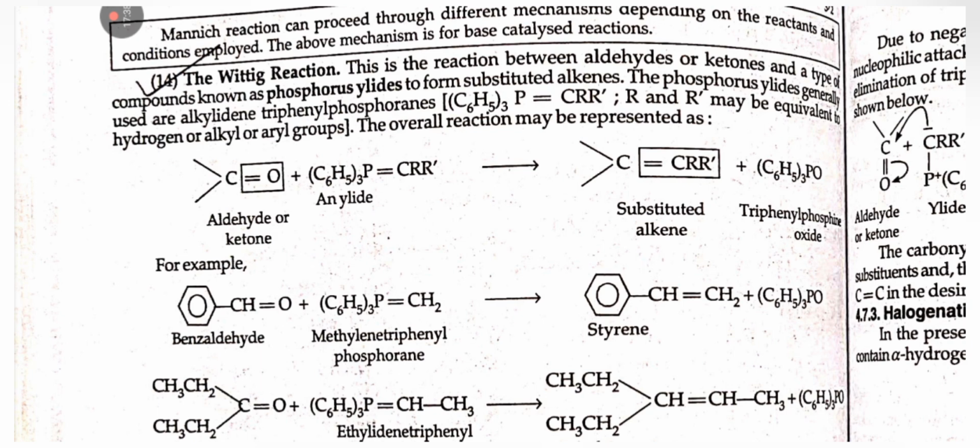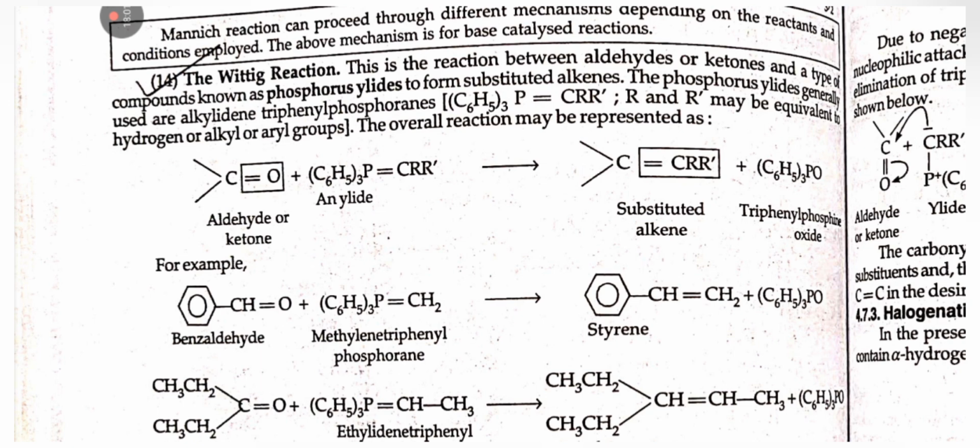The overall reaction may be represented as aldehyde or ketone plus ylide will give substituted alkene plus triphenyl phosphine oxide. For example, benzaldehyde plus methylene triphenyl phosphorane will give styrene.